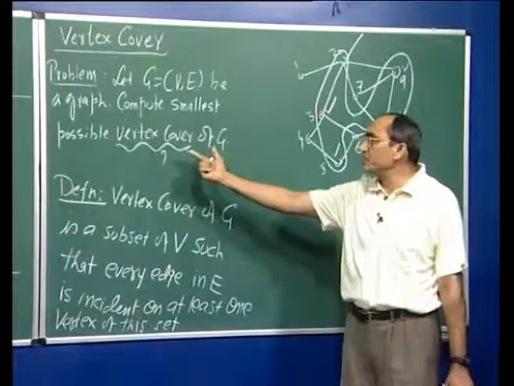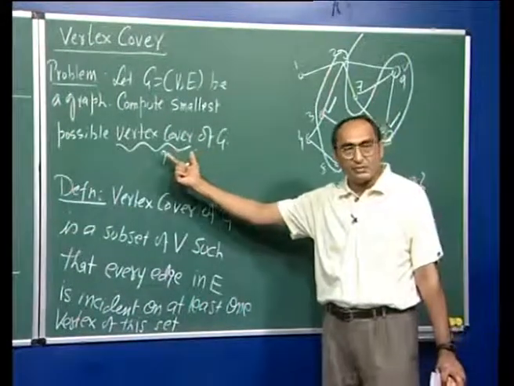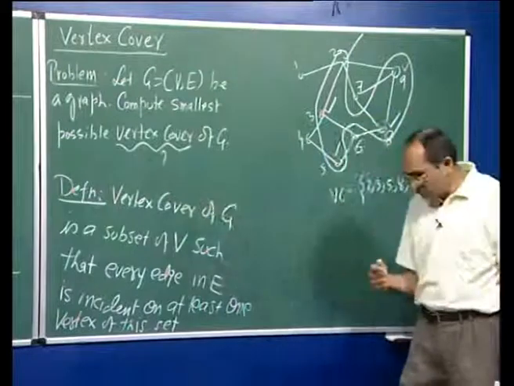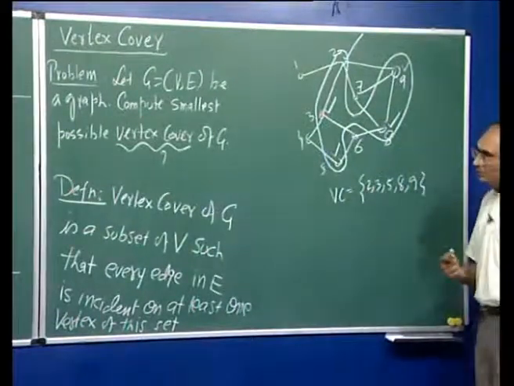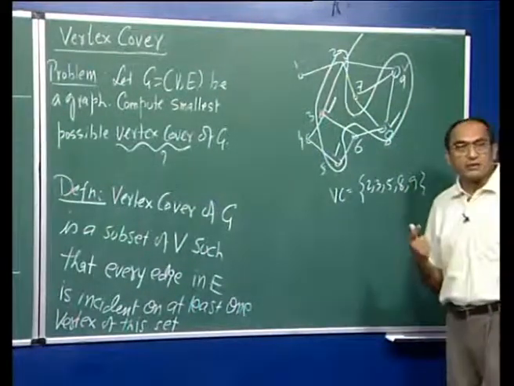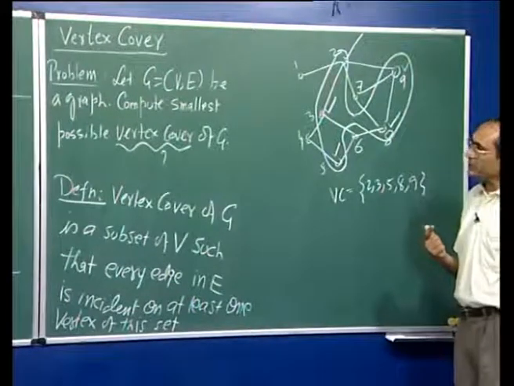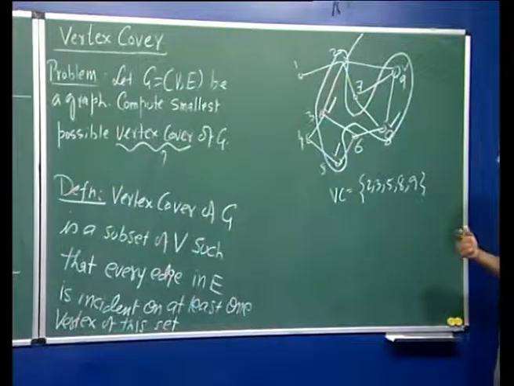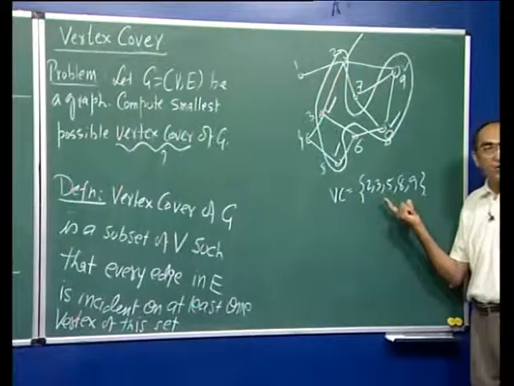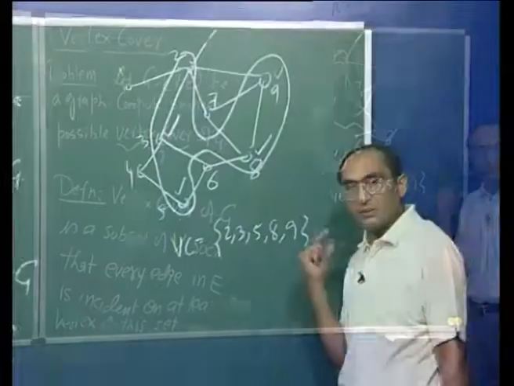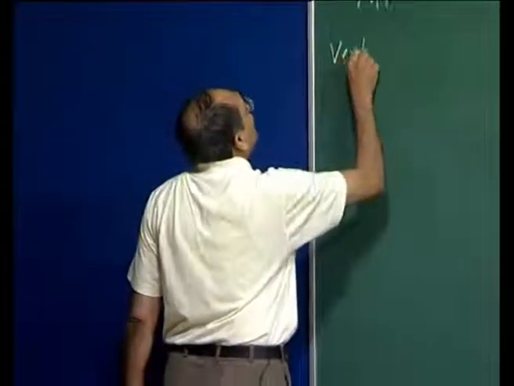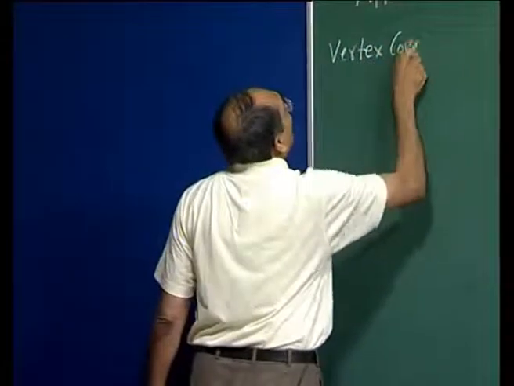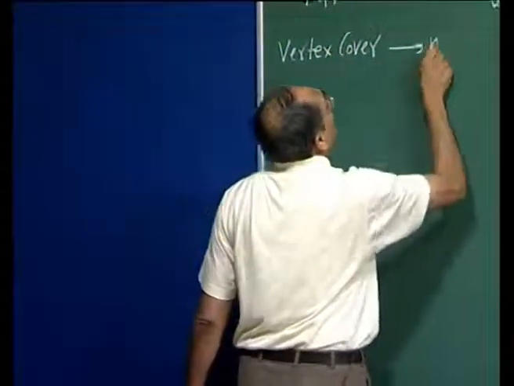There are problems which are not naturally optimization problems, and one sometimes artificially converts them into an optimization problem, but this one is an optimization problem. So, the smallest vertex cover is not always possible to compute in polynomial time. So, our problem is actually a minimization problem.